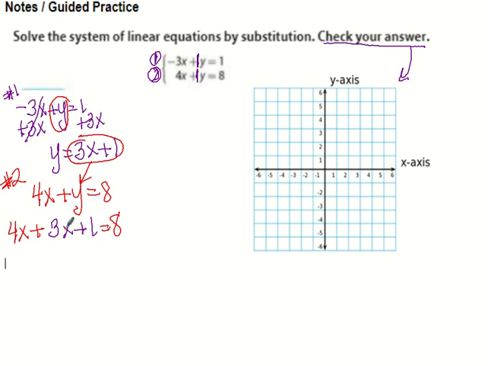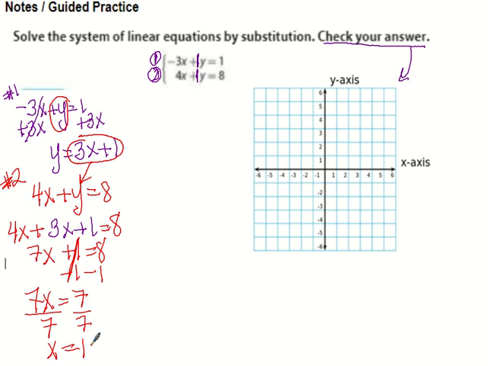So 4x plus 3x is 7x, and then plus 1 equals 8. I now solve this like a two-step equation, minus 1, cancel here, 7x equals 7. We will divide by 7, and it says that x equals 1.